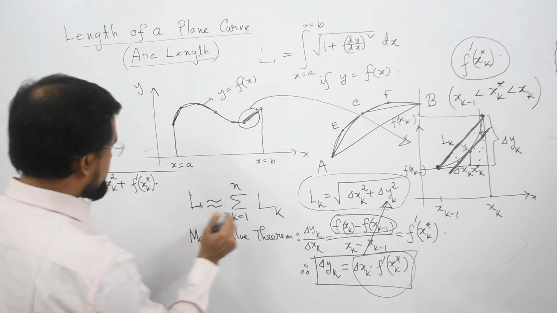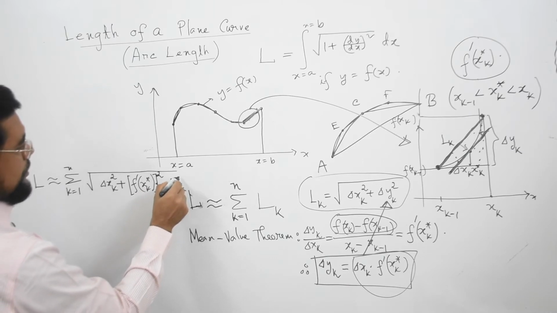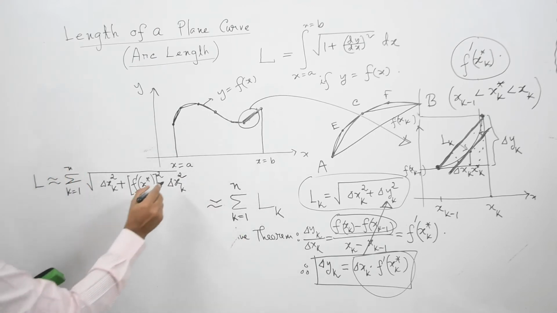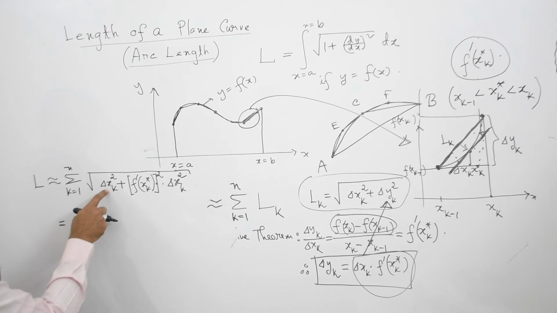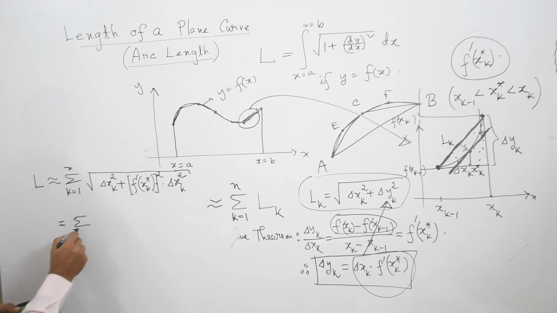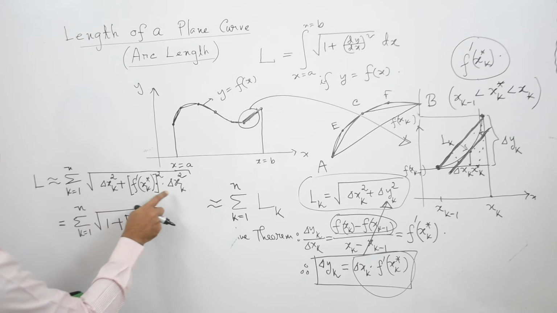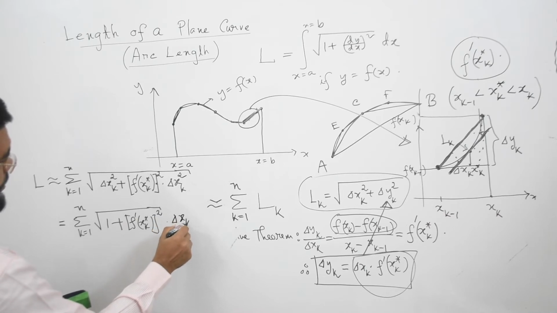Since it's delta y square, I can put here f prime xk star square times delta xk square. Now you see delta xk square is common, so we can take it out of this square root: summation from k equal to 1 to n of square root of 1 plus f prime xk star whole square, times delta xk.